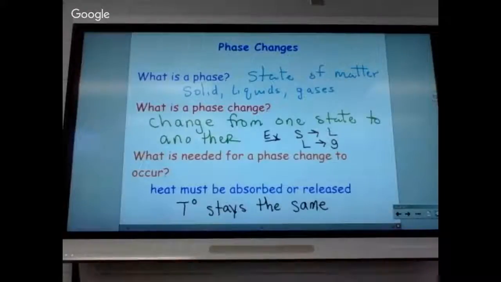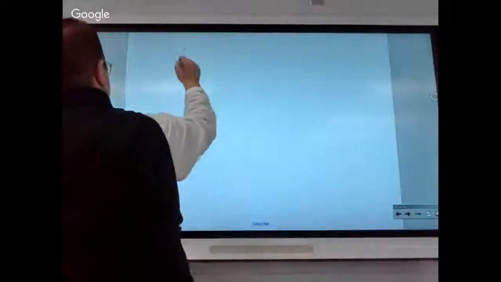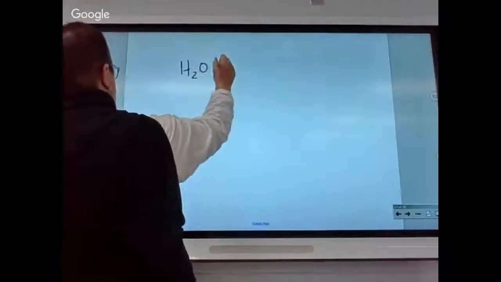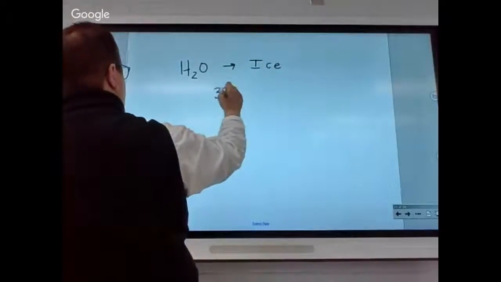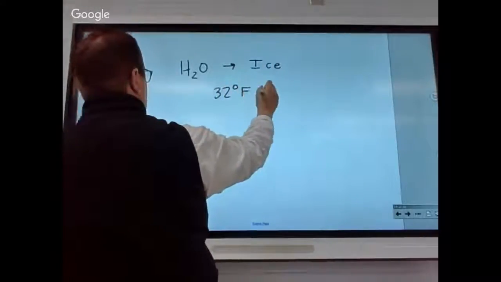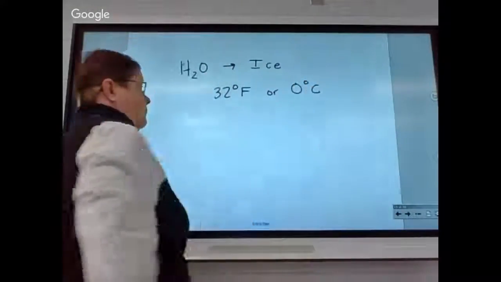Okay. Water changes into ice at 32 degrees Fahrenheit or 0 degrees Celsius.